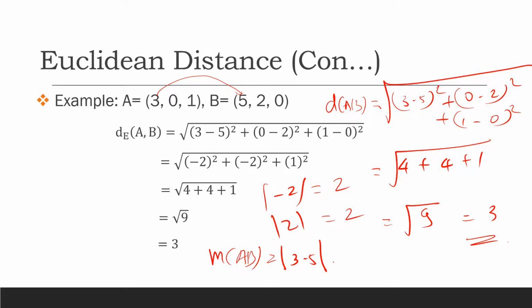So plus mod of 0 minus 2, plus mod of 1 minus 0. Altogether, 3 minus 5 is minus 2, mod of minus 2 is 2. Plus here also minus 2, mod of minus 2 is 2. Plus 1. So the sum over the 3 attributes is equal to 5. So this 5 is called the Manhattan distance.